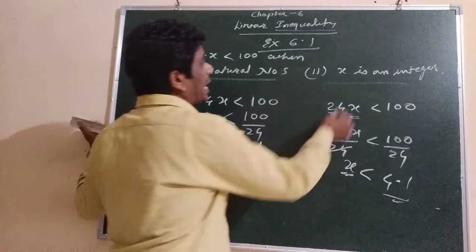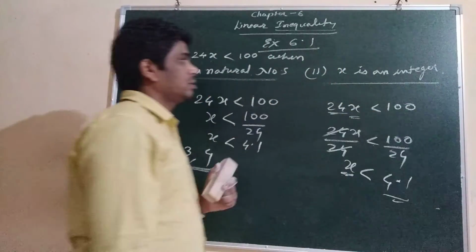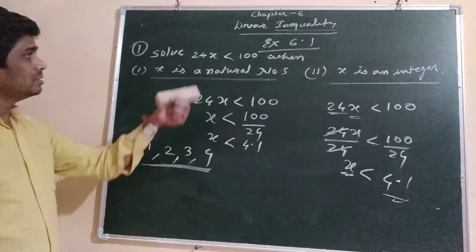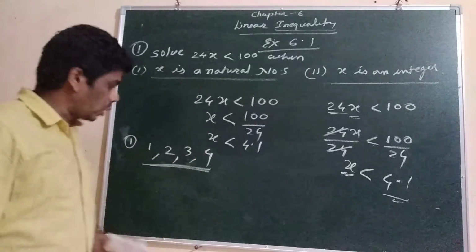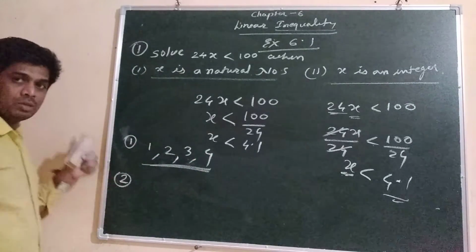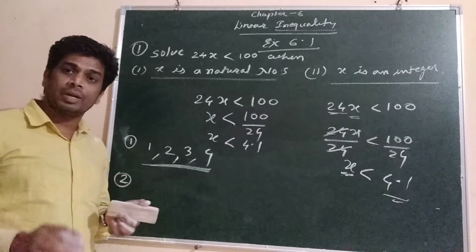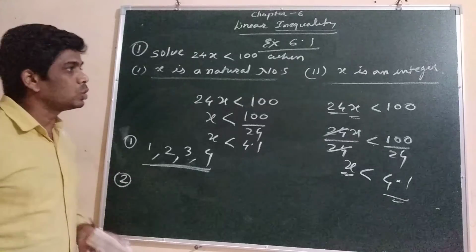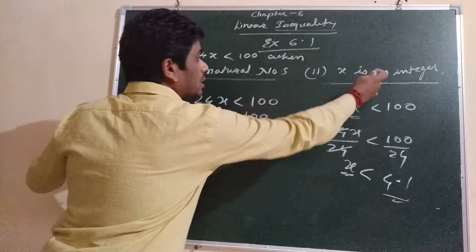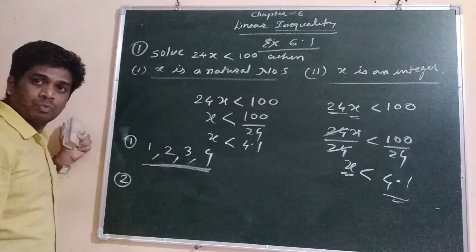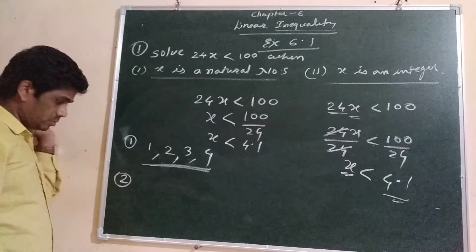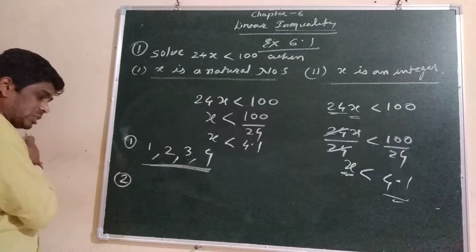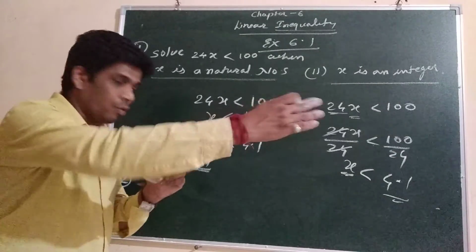Now we have to take x as an integer which is less than 4.1. Integers means negative as well as positive numbers, including 0, complete whole numbers. So less than 4.1 means starting from minus infinity up to 4.